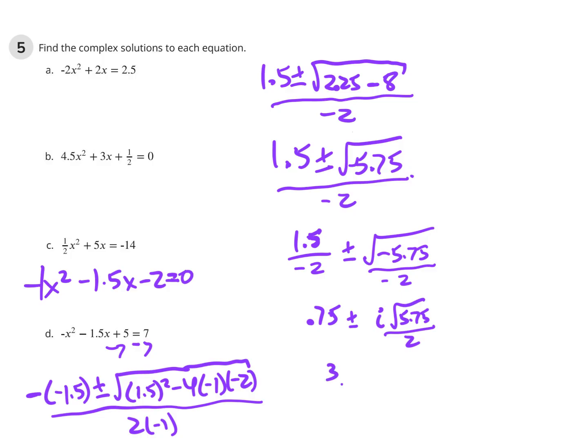And 0.75 is also 3/4. So you can see the answer written like this or like that. Understand how to turn your decimals back into fractions.